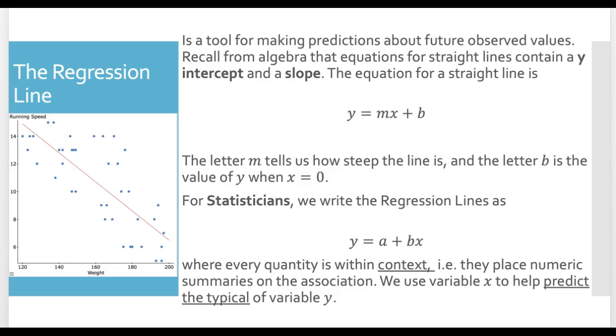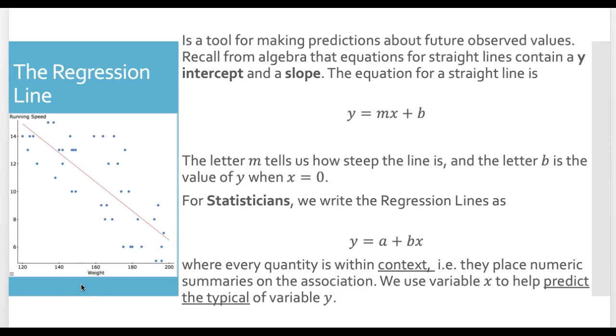The goal for this section is to create the regression line. What we want to find is this red line here. This is the data set we've seen before, looking at weight and running speed.